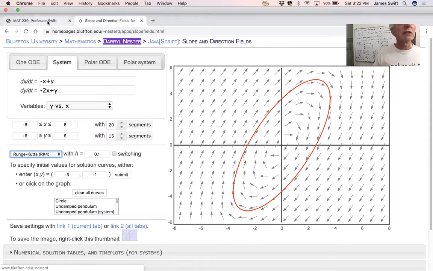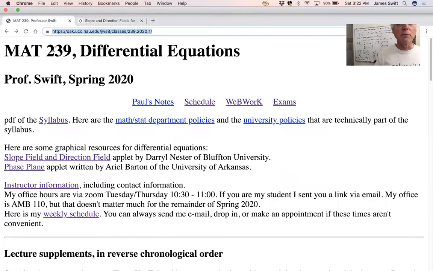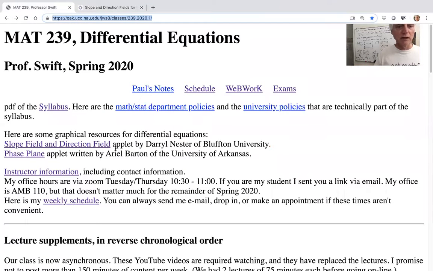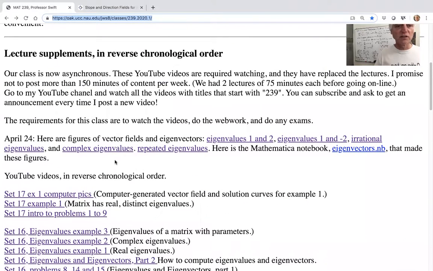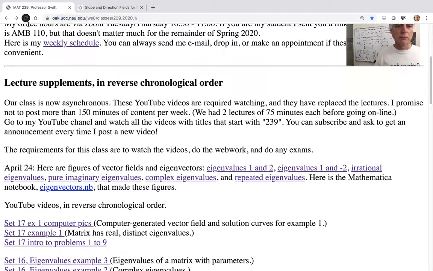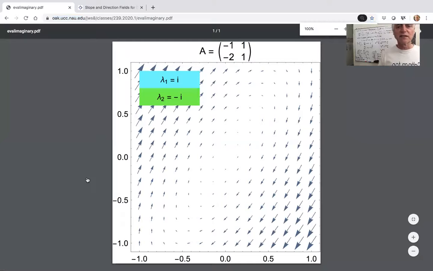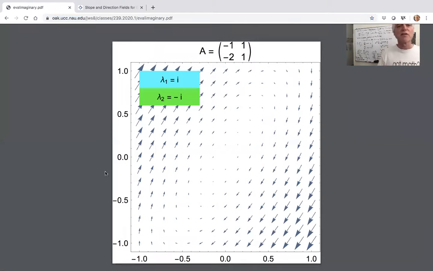I got a few pictures of the vector fields here. Pure imaginary eigenvalue. This is in fact the vector field for the same A that we've been talking about, (-1, 1; -2, 1).